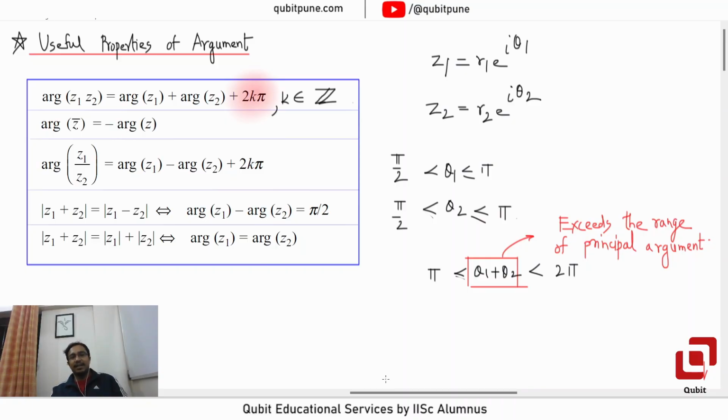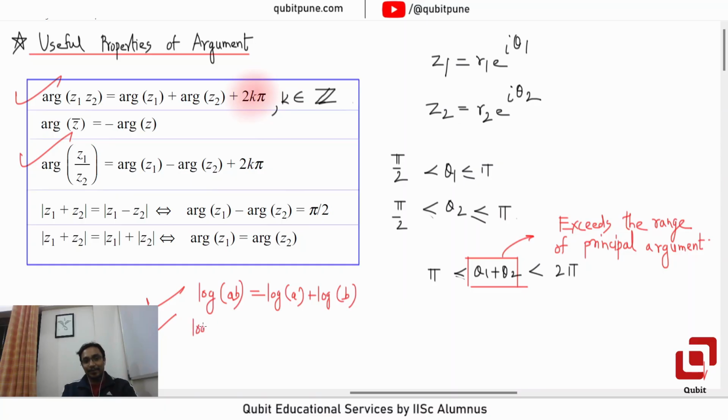Argument of z bar is negative argument of z, but that's pretty clear. Same thing, argument of z1 upon z2 is arg z1 minus arg z2 plus 2k pi. Please note the striking resemblance between these and the laws of logarithms, because after all, both have an exponential connection. So, a pretty useful connection.